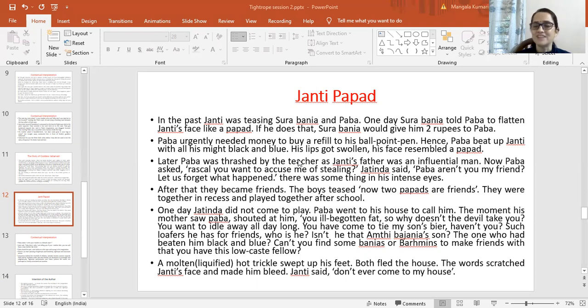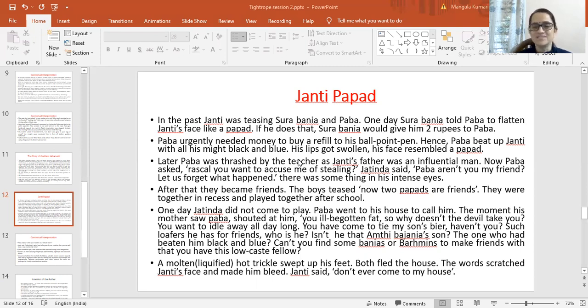All the boys in the class used to tease these 2 friends, Jatinda and Paba, that now 2 papads are friends. In that way, schoolboys used to tease them after that incident.